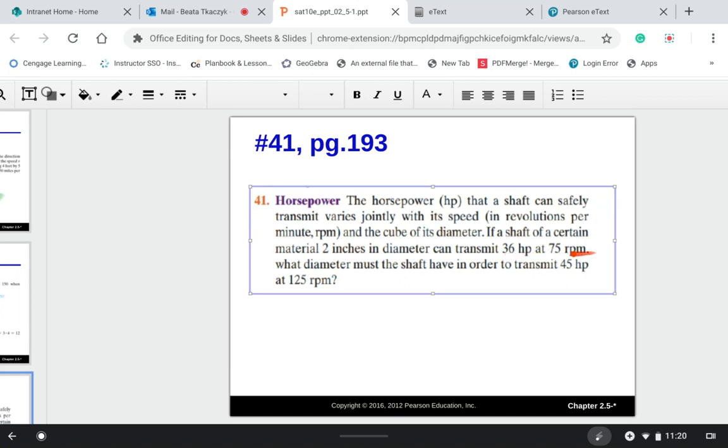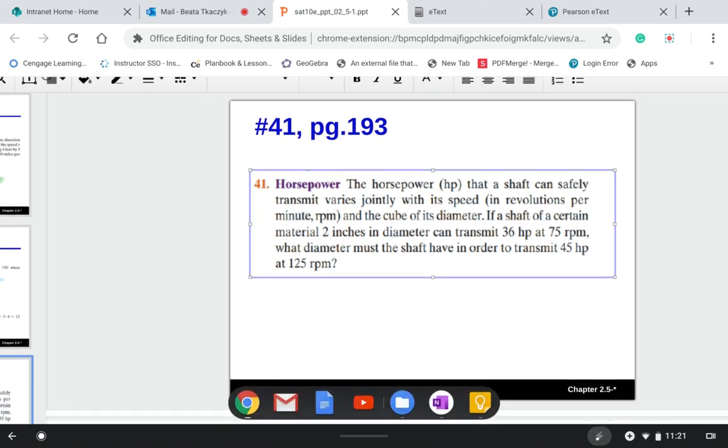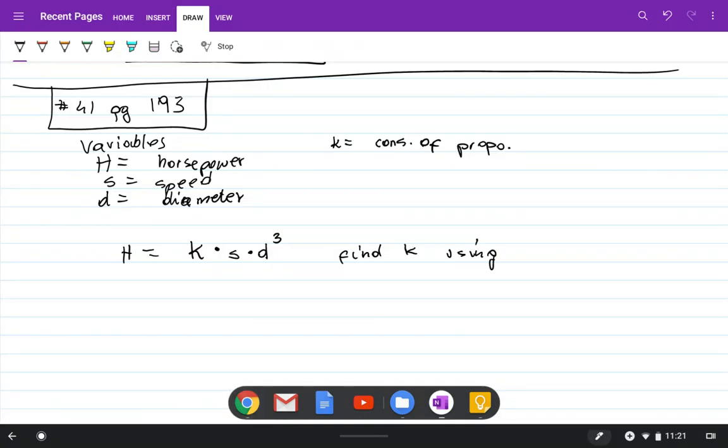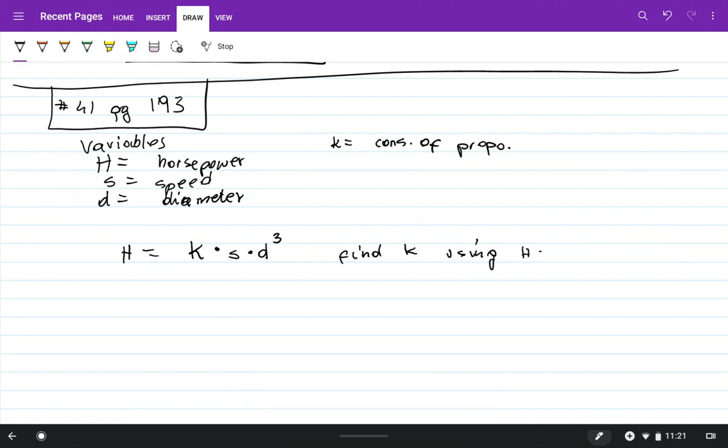So let's use this information. Don't even read the last part. Let's use this information right here to find K. D is equal to 2, H is equal to 36, S is equal to 75. Let's substitute them into the equation to find what K is equal to. Before we solve the problem, we always need to find that constant of proportionality. So using that info, H, horsepower, is equal to 36.